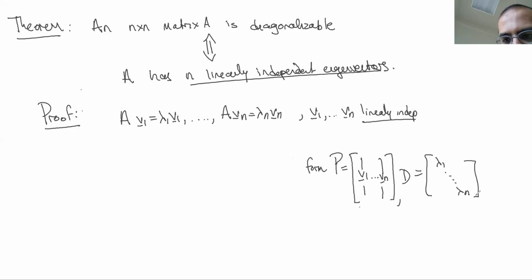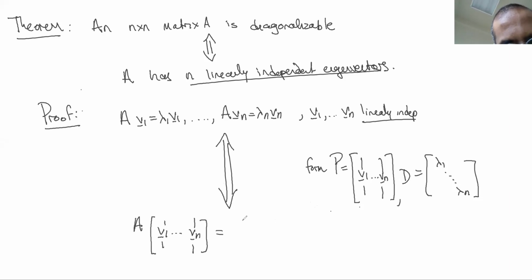Then what I can do is write all of these equations in matrix notation. So I have that A times the matrix P is equal to the same thing, but now all the columns are scaled.